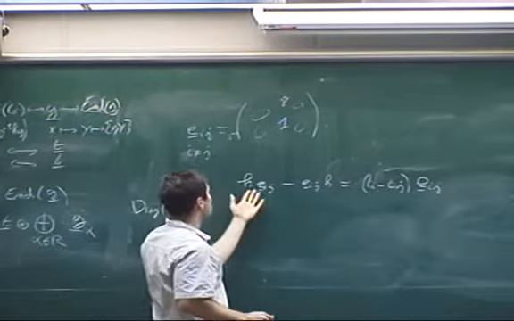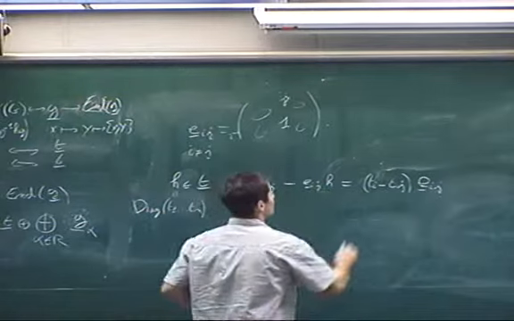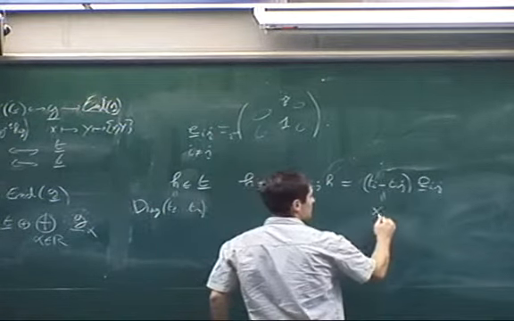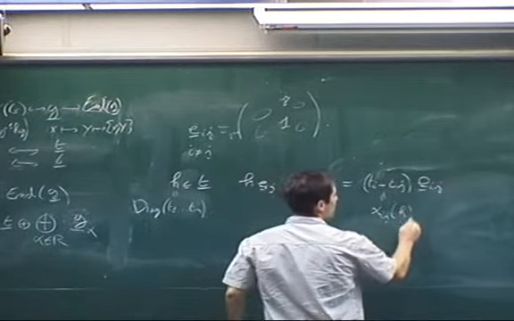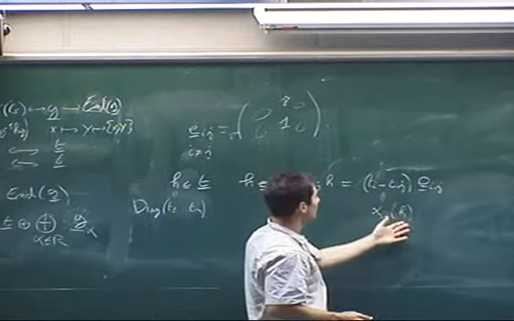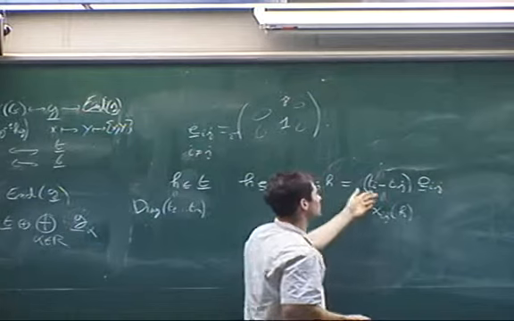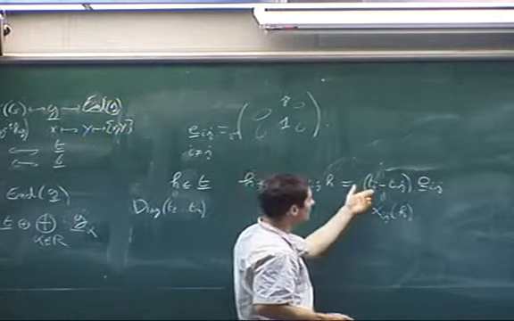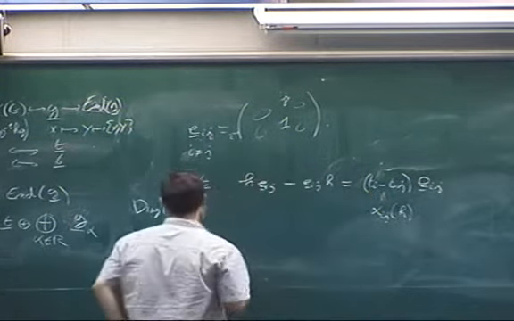So in fact it acts with a weight, which I call alpha_ij of H, equal to the coefficient i minus the coefficient j.